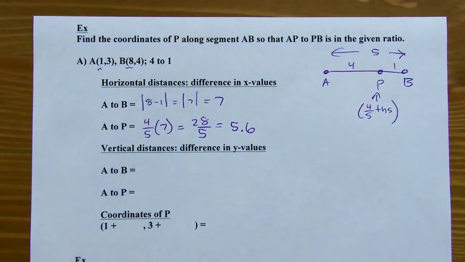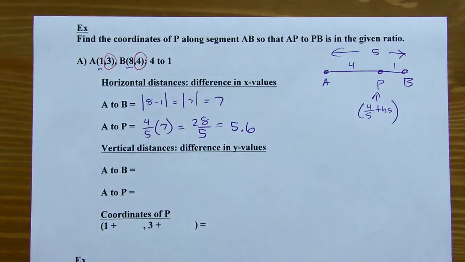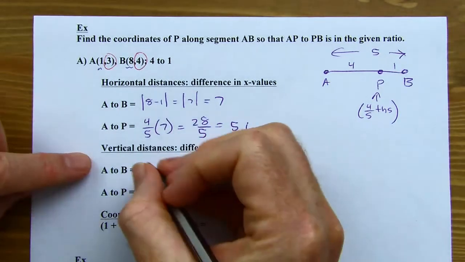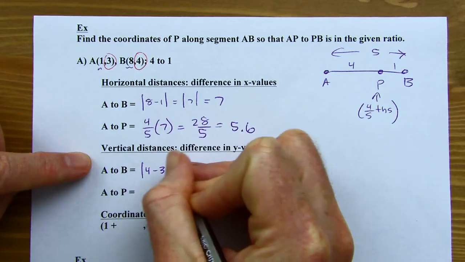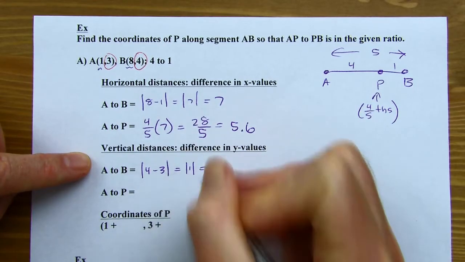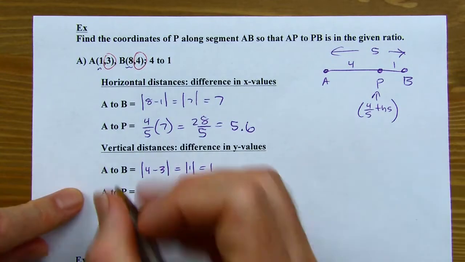All right, and now let's look at the vertical distances. I'm going to subtract my y's. That's just a distance of 1, and I want to take 4/5 of that.